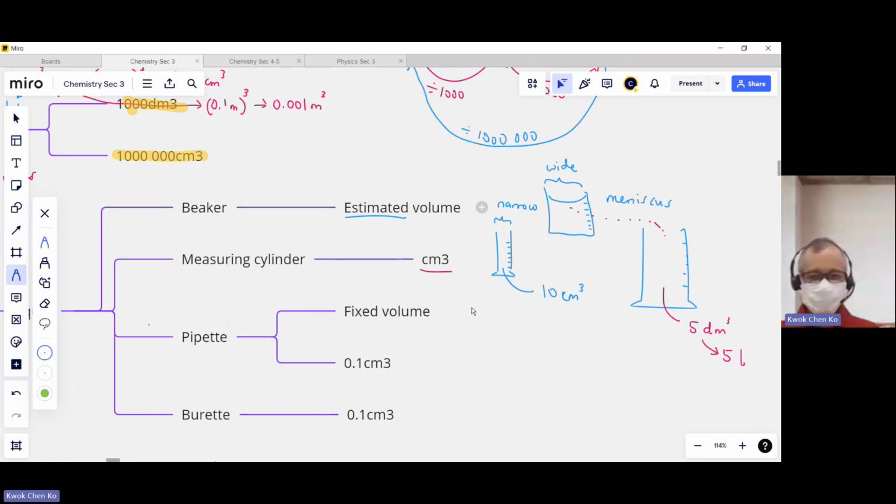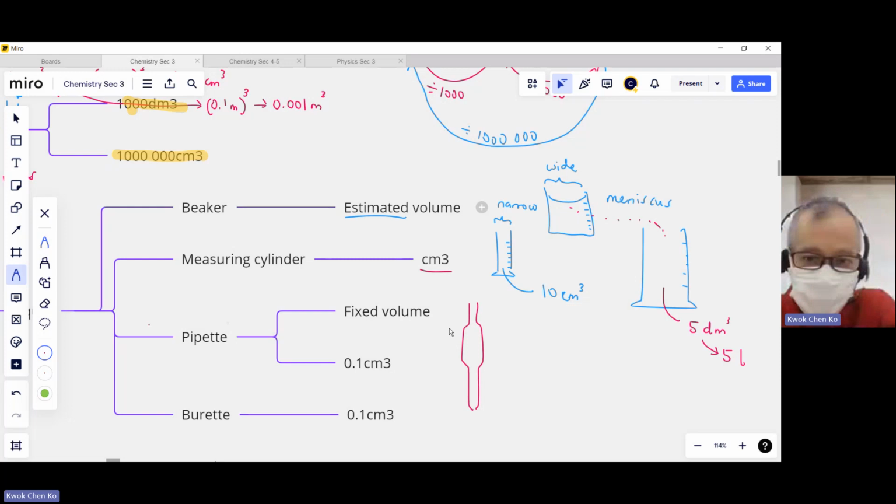Now, pipette is this thingy, and yes, you need to be able to recognize it because you have a practical exam. And of course, in the exam, instructions will tell you to use a pipette to measure, let's say, 10 cubic centimeters of a liquid. It makes sense that you select the right apparatus according to the instructions.